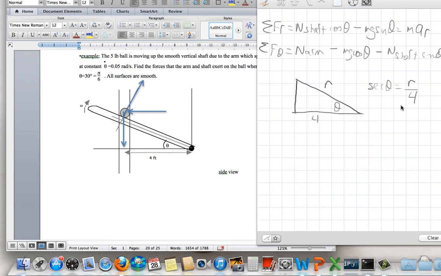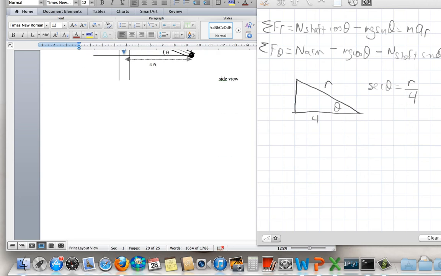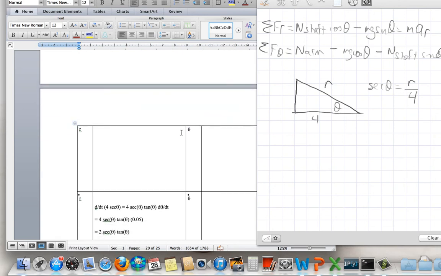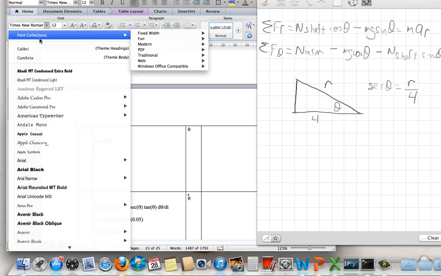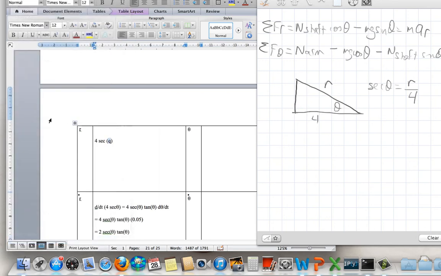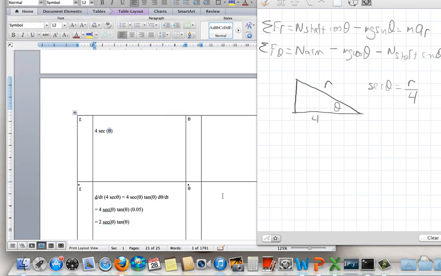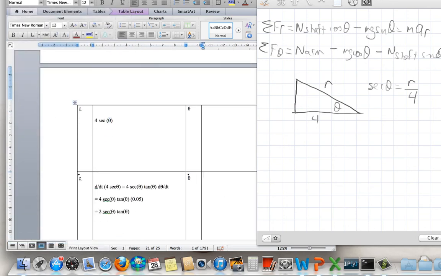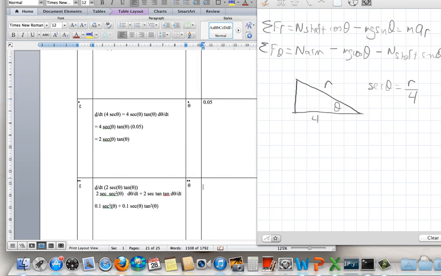Solving that for r, we get 4 secant theta. So we can come over here to our chart and write 4 secant theta for the r coordinate. Now, theta dot is given as 0.05 radians per second and constant, so theta double dot will just be 0.